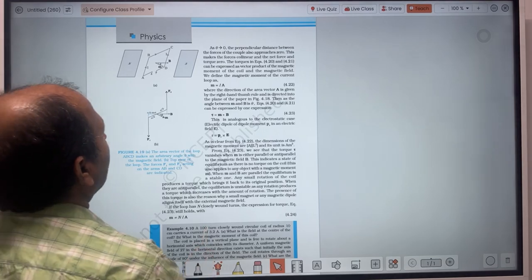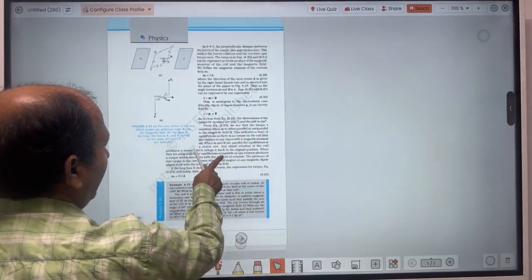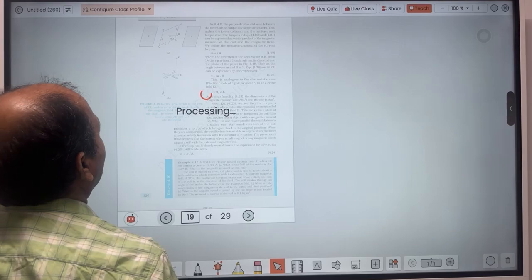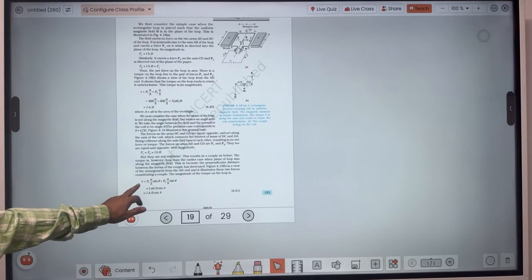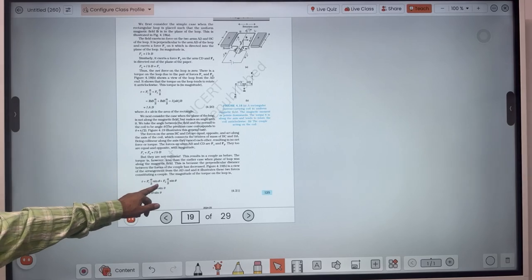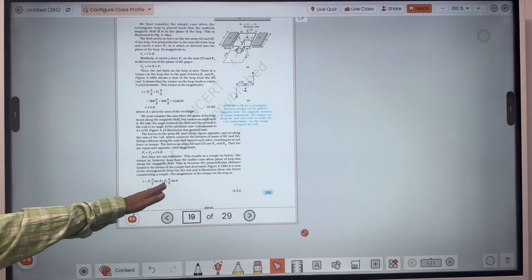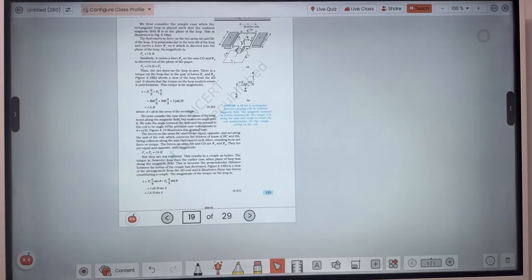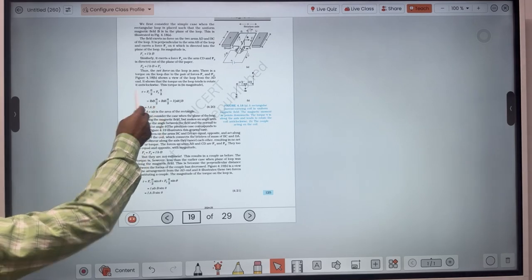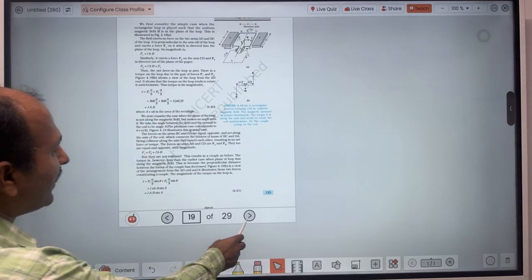It will be reduced, and when theta is 0 degrees, the perpendicular distance will become 0, and hence no torque will act. So torque will be F1 times a by 2 sin theta. This time the perpendicular distance becomes a by 2 sin theta. The same is true for the second one. So we will get IAB sin theta, right? When theta is 90 degrees, we get the same result. But when theta is 0 degrees, we get 0. Correct?